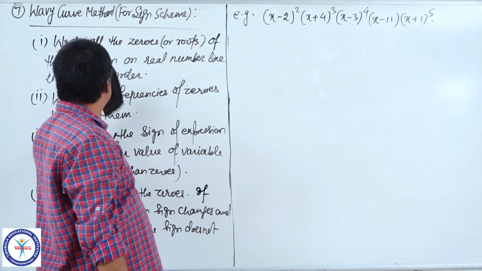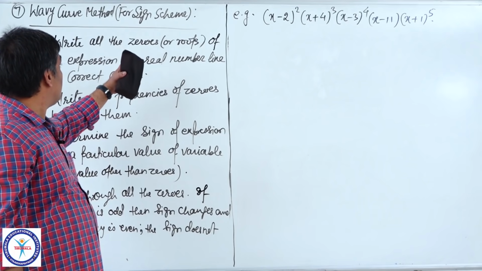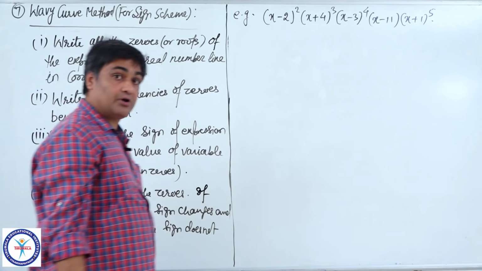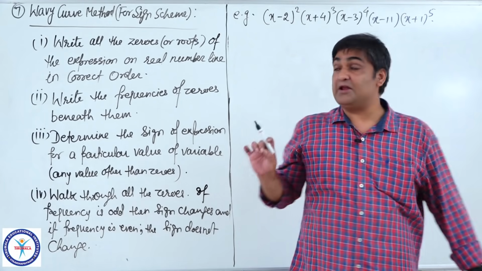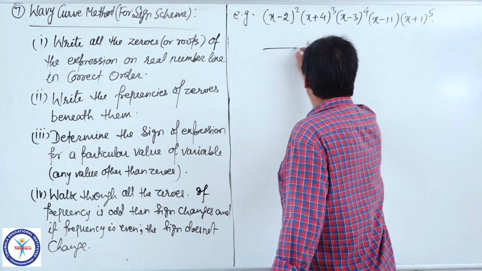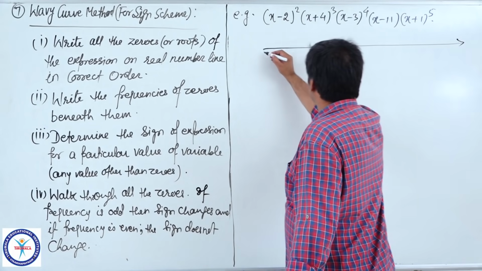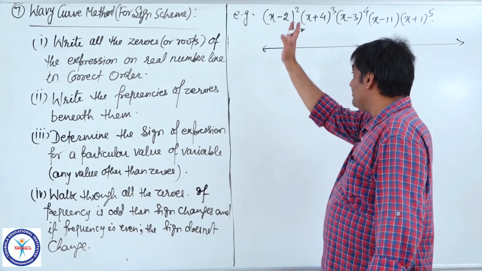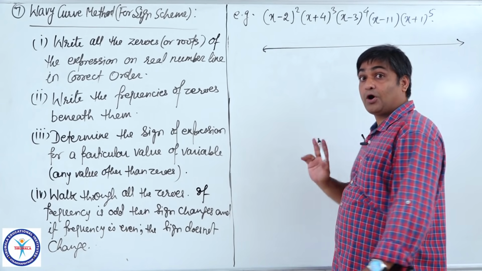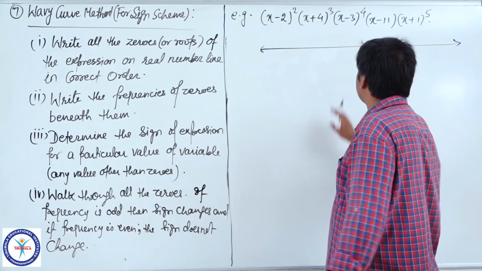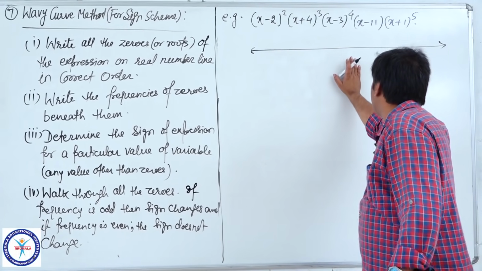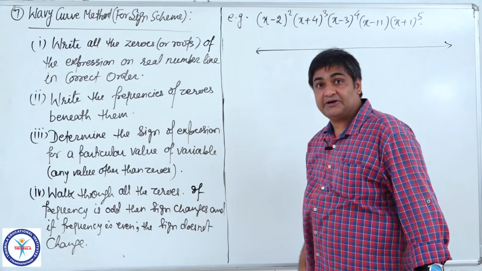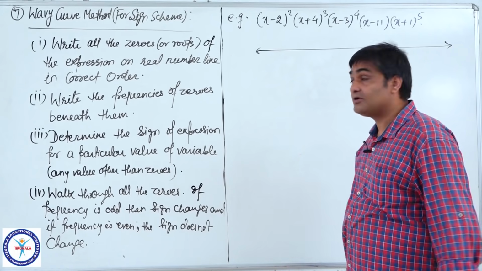Now, first step, write all the zeros of the expression on the real number line in correct order. Correct order means from left to right, the order is increasing. So, which root will be on the leftmost side, the smallest one?